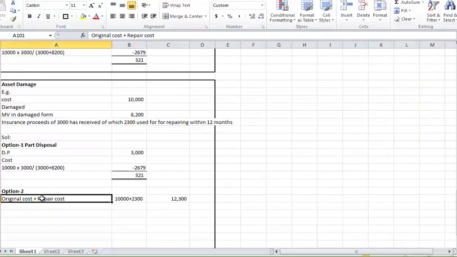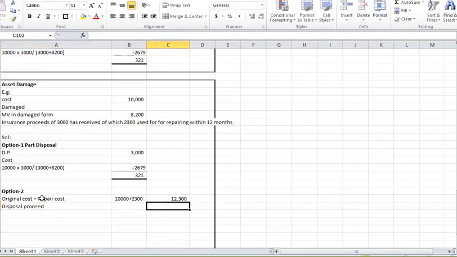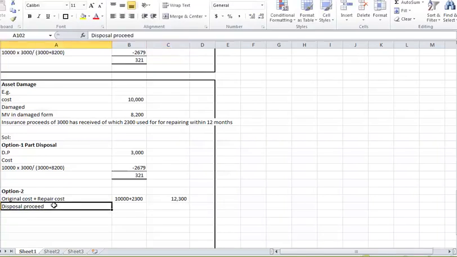So you will write down your total cost, which is £12,300, and you will deduct your disposal proceeds over here. It looks strange, but this is the accounting, the tax implication. What is the disposal proceeds? What is the insurance proceeds? Insurance proceeds are your disposal proceeds. So it's better that I write down insurance proceeds over here as well.